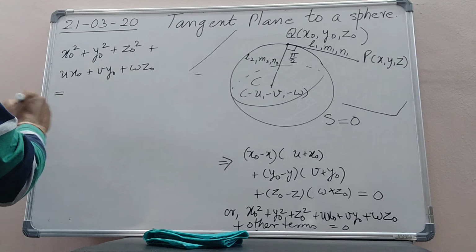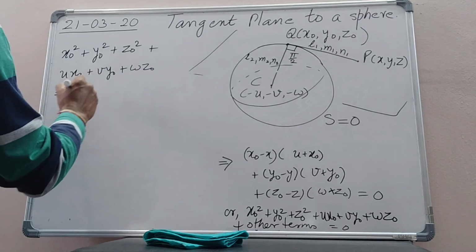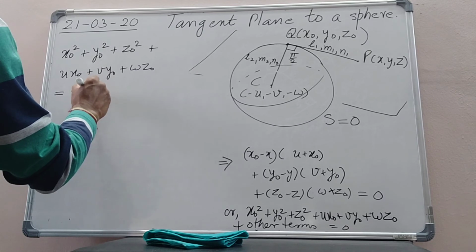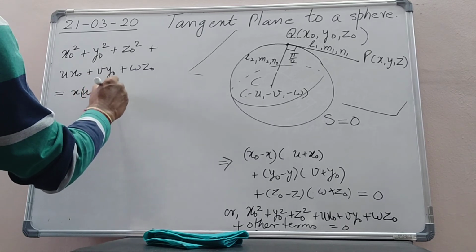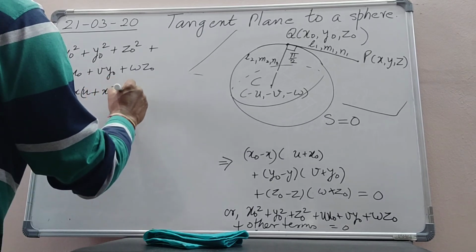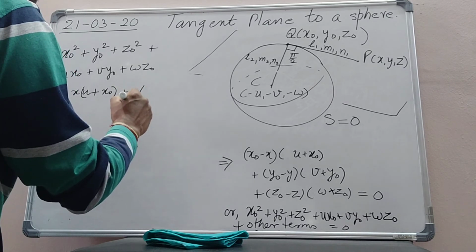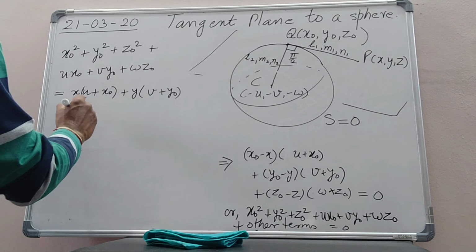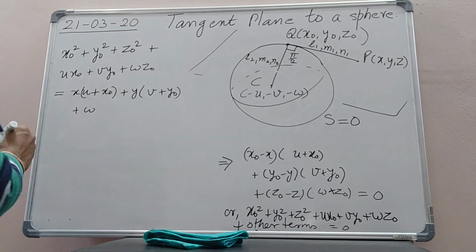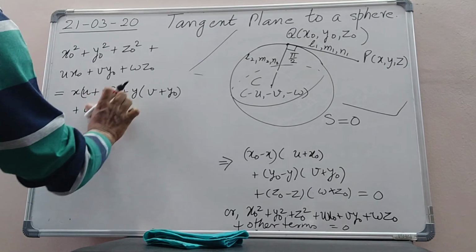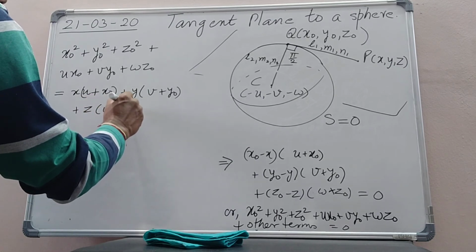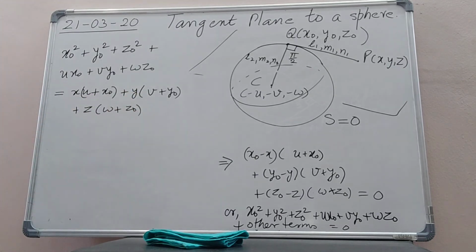This is equal to x times u plus x naught, plus y times v plus y naught, plus z times w plus z naught. I suppose I've done it right.